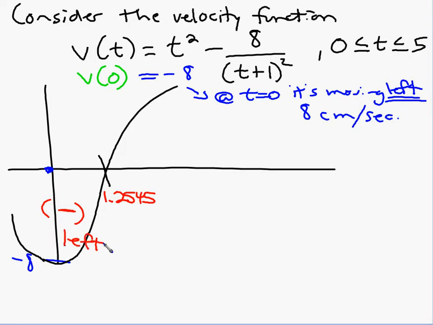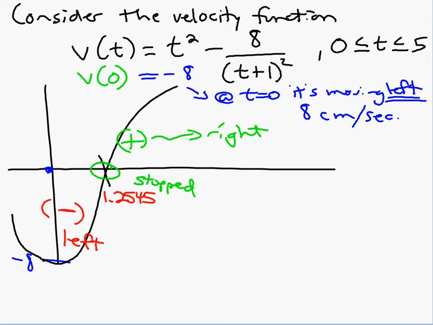When it changes sign from negative to positive, at this point the particle has to be stopped. And then from this point on, it's moving to the right. That's just a quick review of some of the things that we learned in the fall.